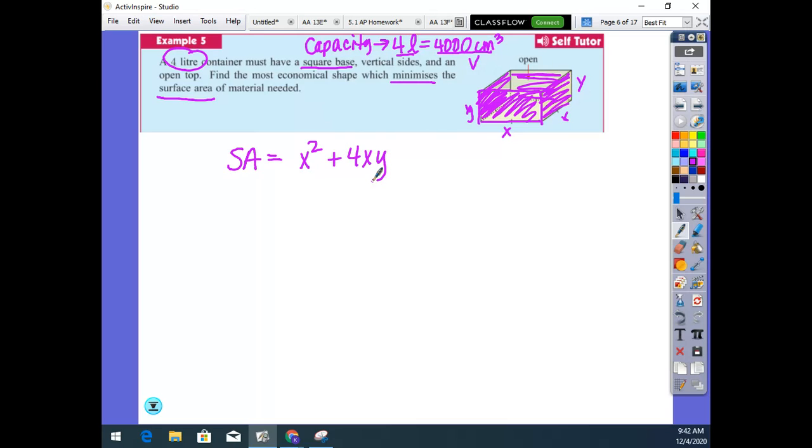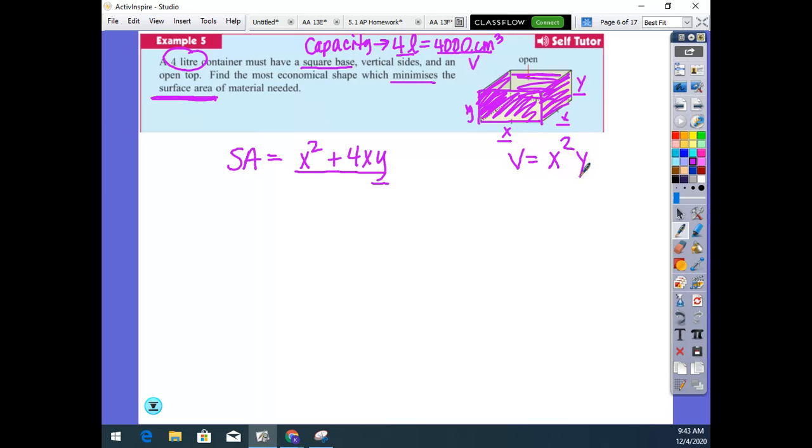Okay, so here's the problem. When I'm minimizing my surface area, I can only use one variable. So I've got to substitute something in place of y so that it's only using x. This is where this comes in. The volume of a rectangular prism is length times width times height.